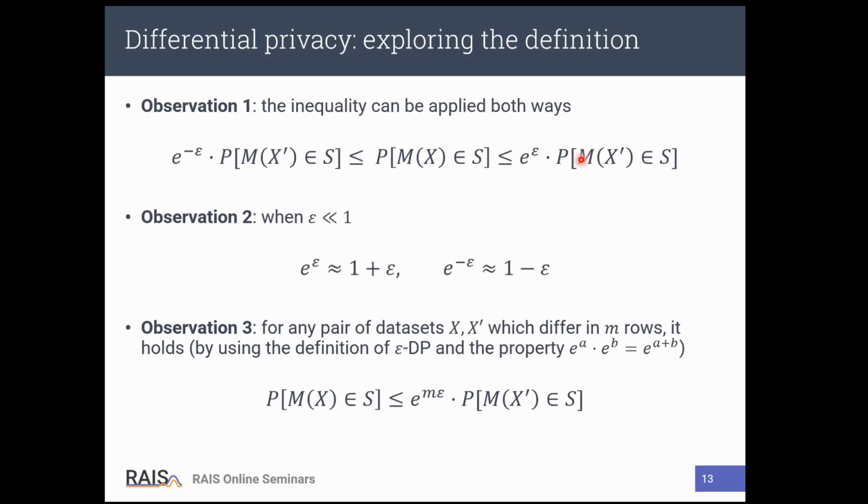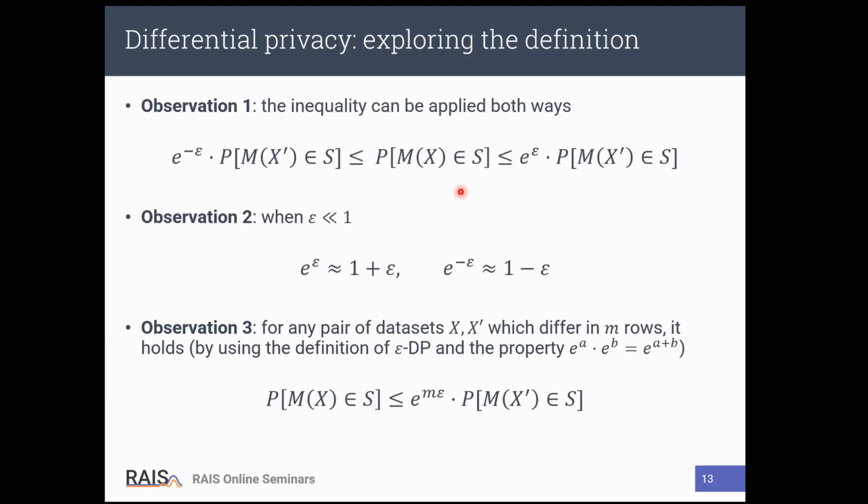So let's give a couple of remarks about this definition. Notice, first of all, that the definition is symmetric, so it provides both an upper and a lower bound. Basically it means that we can apply it to x with respect to x prime, but also to x prime with respect to x.